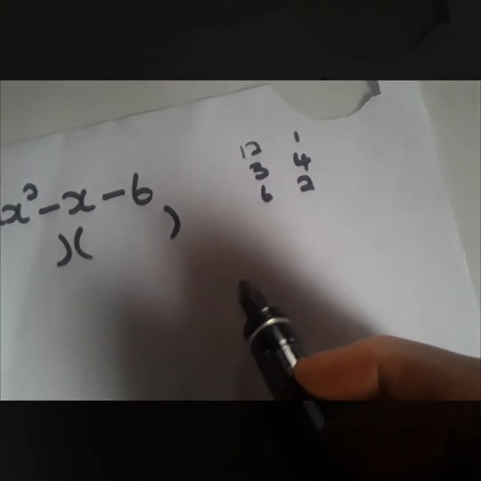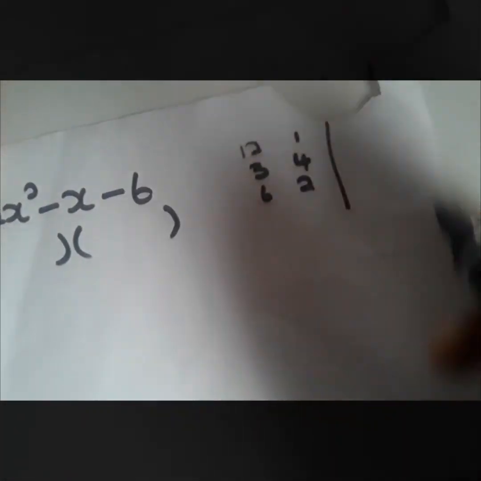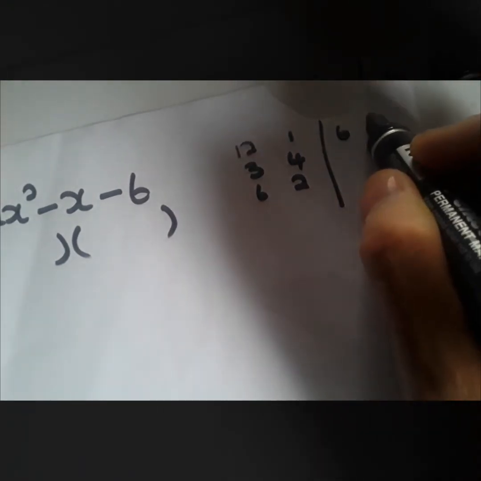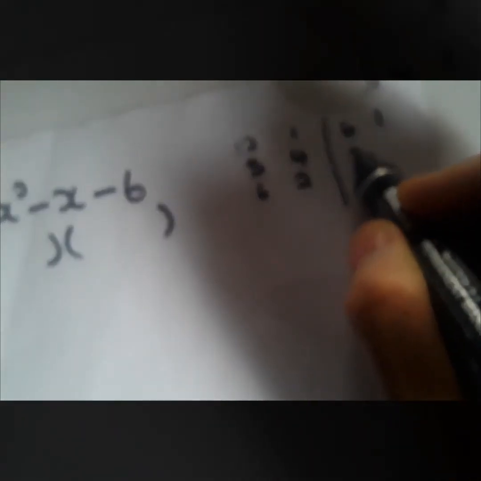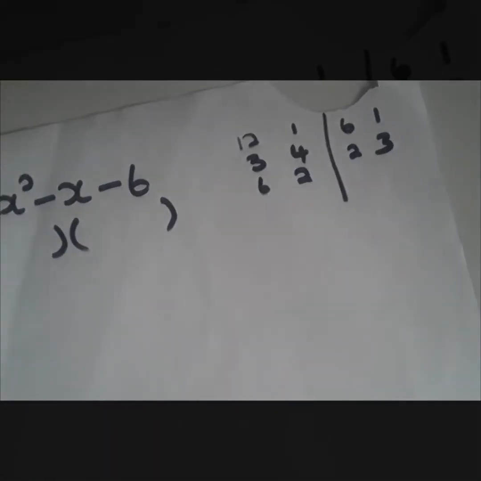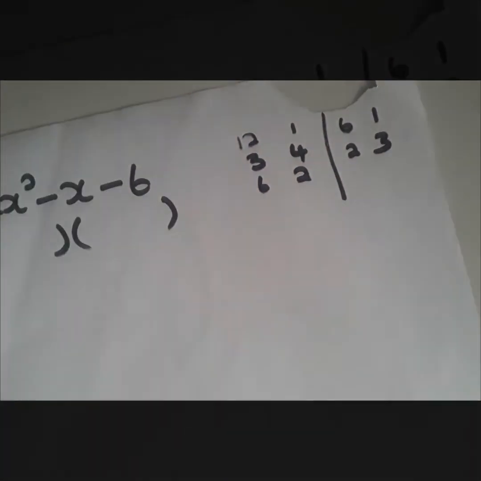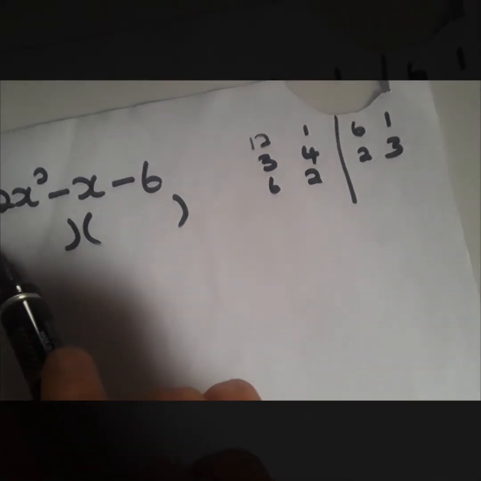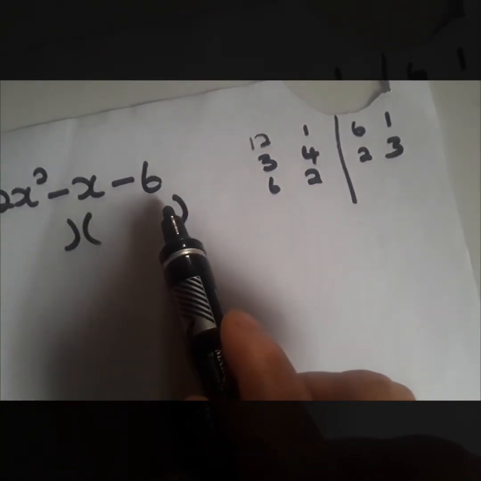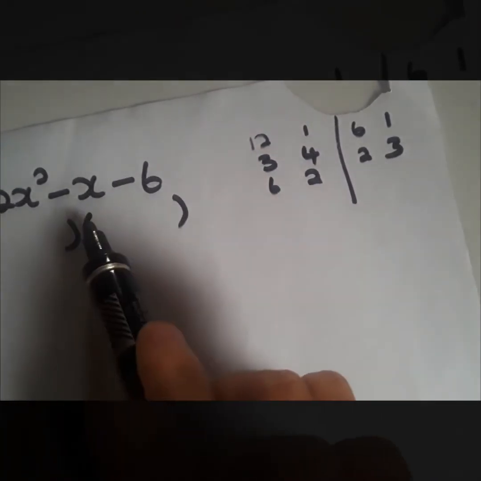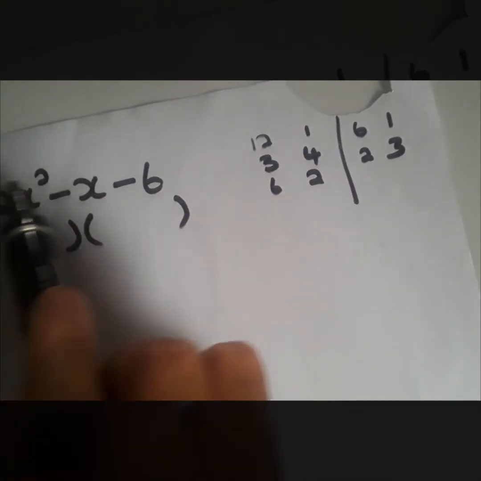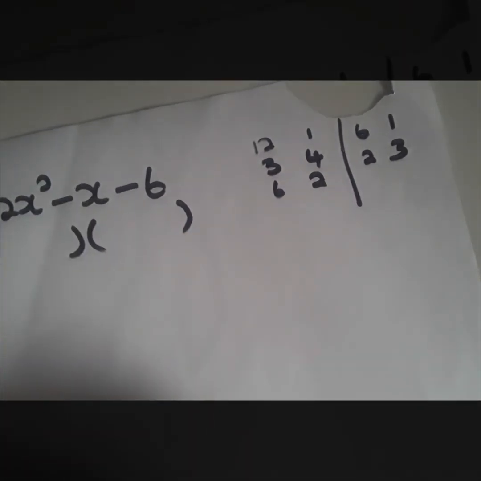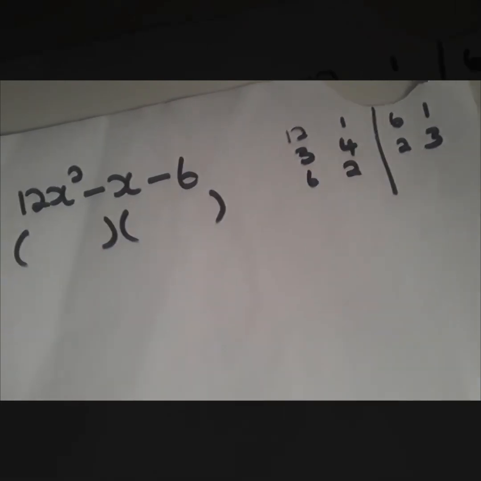These are the factors of 12. For 6, we have 6 and 1, and 2 and 3. These are the factors of 6. Whatever you choose, when you add them they must give you the middle term, and when we remove the brackets and multiply our factors, they must take us back to the original expression.